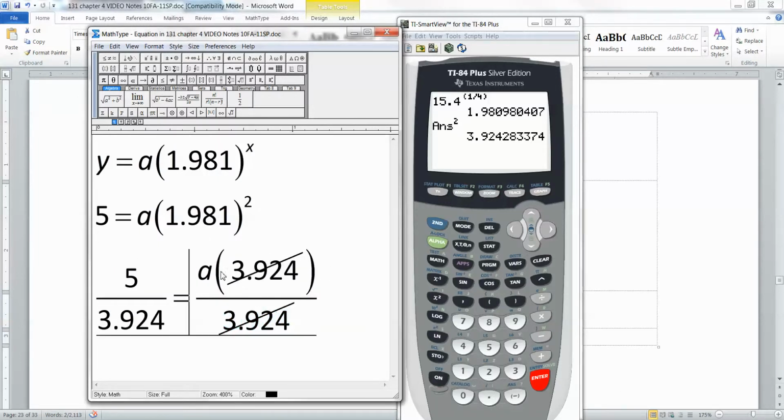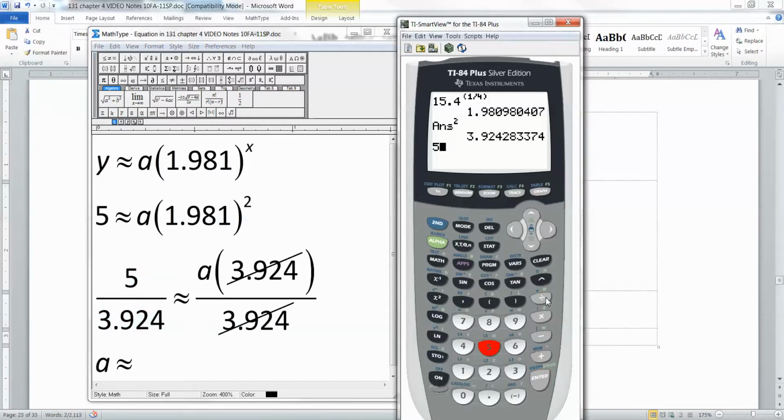They cancel over here, so you're just going to be left with a equals, well, it's approximate, right? Because honestly, it was approximate from the very beginning. This was always a squiggly equals because we were rounding. We rounded 1.981 and we're going to be rounding again. Okay, so a is approximately 5 divided by that 3.924.